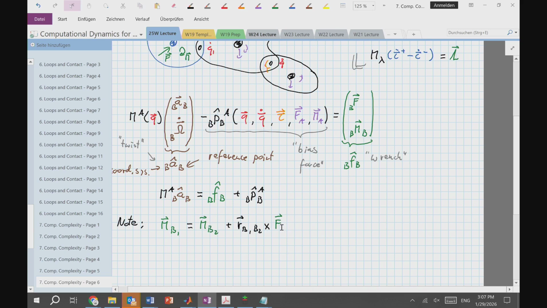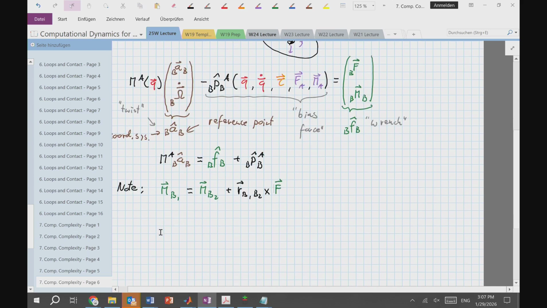So a force F plus a moment about B2 can be expressed as an overall moment about point B1, taking into account this lever arm. So I'm basically moving the force, which on the right-hand side is acting at body B2, into a torque about point B1.